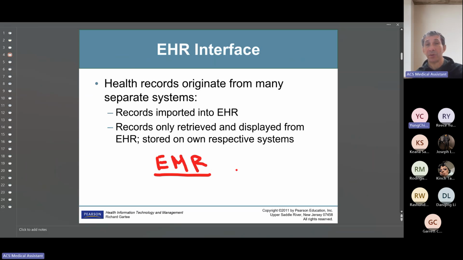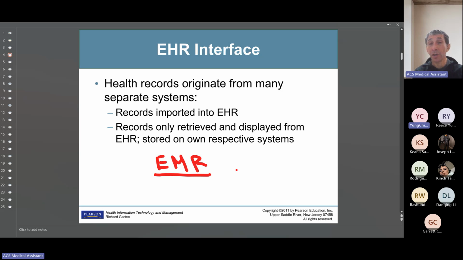If I use EMR, I'm going to be sharing this with the entire building, meaning the people who have to do with that particular organization. But I cannot send it out to my friend's house, to someone else's building. It stays right there. It's a localized system just for that.